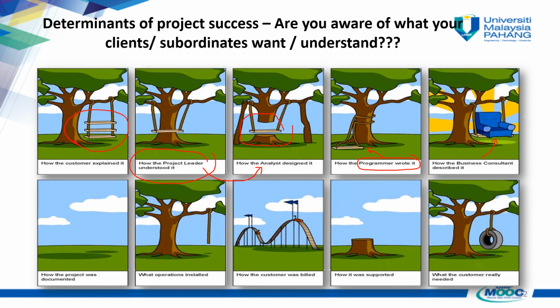But when the project is documented before it is handed over to quality assurance or quality control, it is probably like this. And what operations install is probably just this component, without a proper assembly.